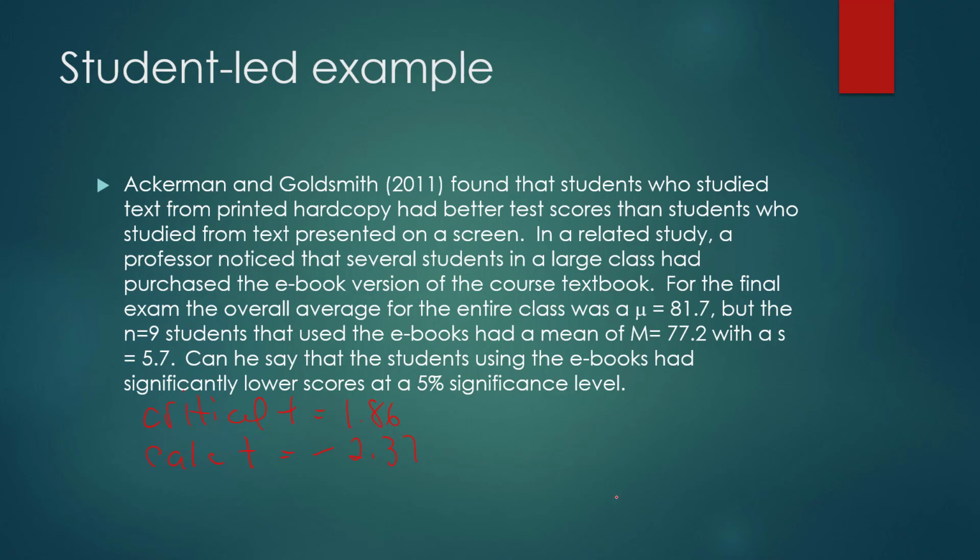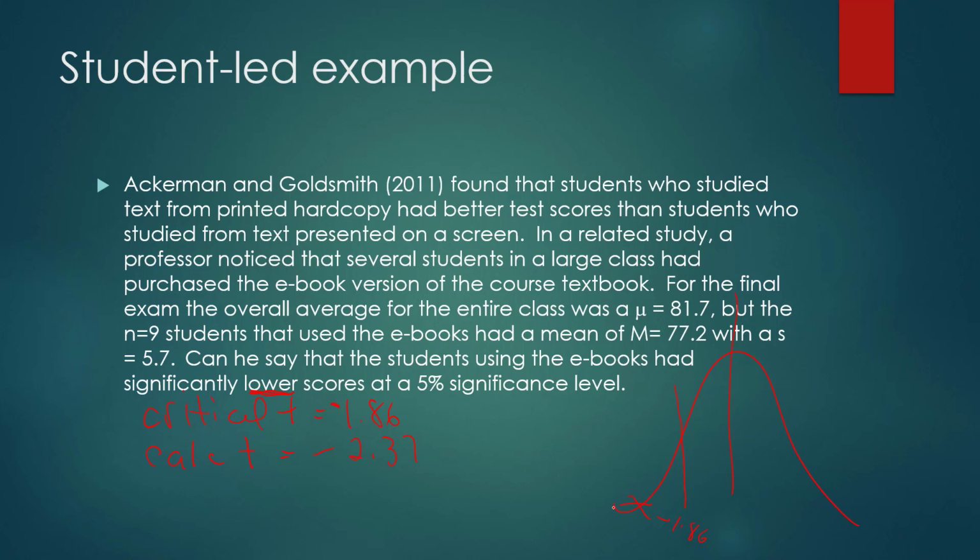So let's look at our distribution. We said with our hypothesis, we also need to add that our critical t is going to be a negative 1.86, right? So our boundary is here, negative 1.86. And we need to know, because we hypothesized that our scores would be significantly lower, does this negative 2.37 fall in the area where we would fail to reject the null hypothesis, or out here in the critical region where we reject the null hypothesis?